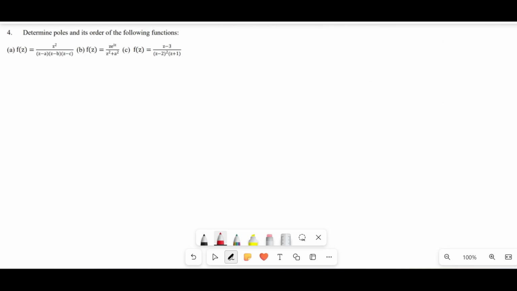So now in problem 4, in the first part, we need to put the denominator z negative a, z negative b, z negative c is equal to 0. We will get values of z, that is a, b, c.